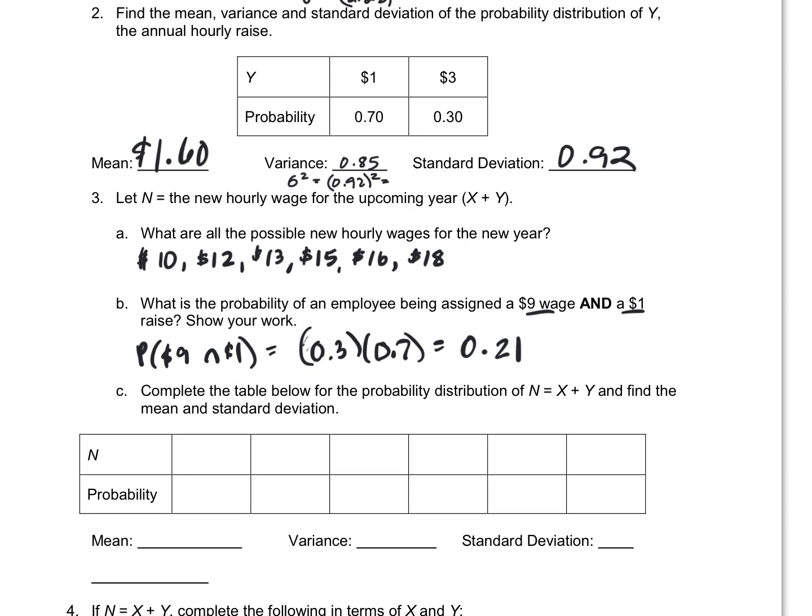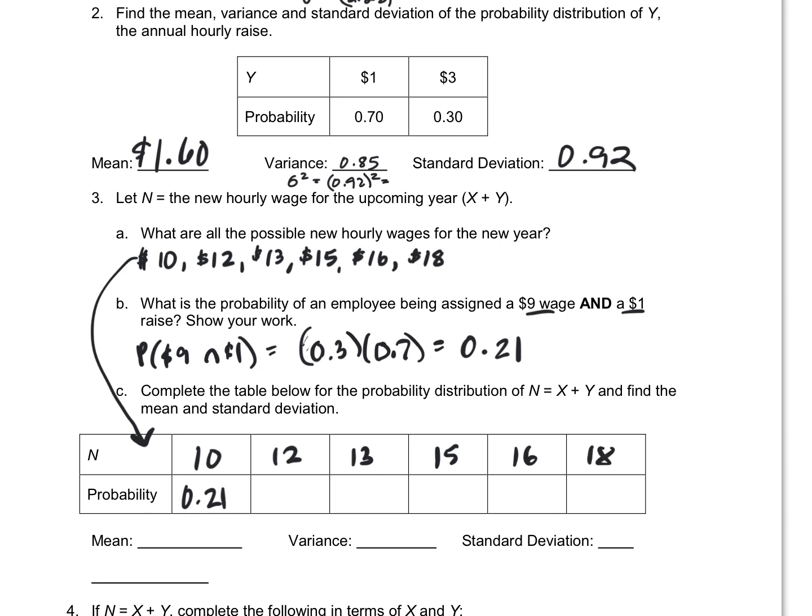So we said if we get a $10, we just found this probability is 0.21, right? So we're going to do the same thing for all these other outcomes that we just had. We're taking these outcomes and putting them right here: 13, 15, 16, 18. So all I have to do is multiply the probabilities.